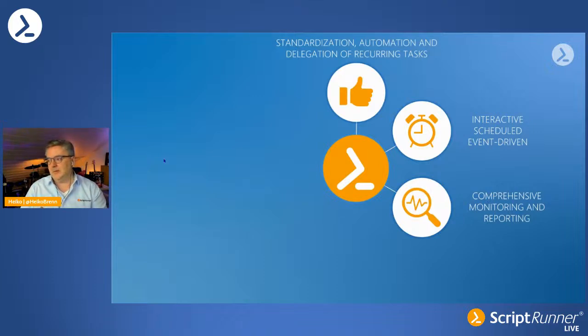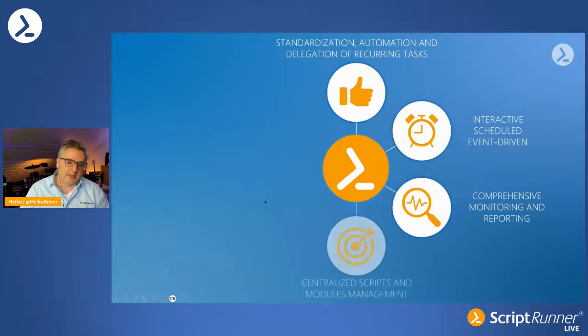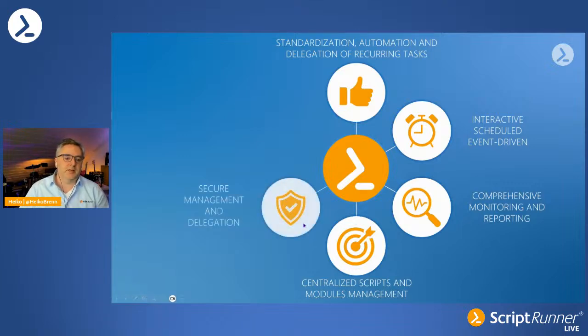And the reason why this is possible is because PowerShell in its native form is just something that everybody can run on the console. When you use PowerShell together with ScriptRunner, you are centralizing the scripts and modules management. You are centralizing everything that has to do with security, with managing the credentials, with a secure way of delegating tasks to, for example, people in help desk teams, a line of business.